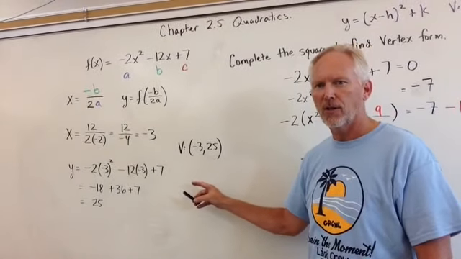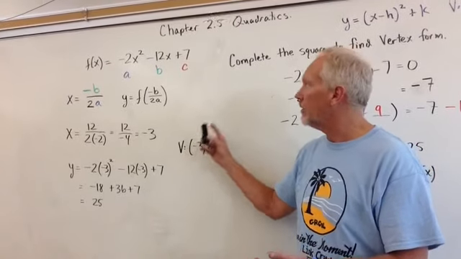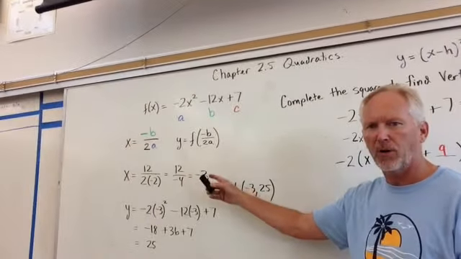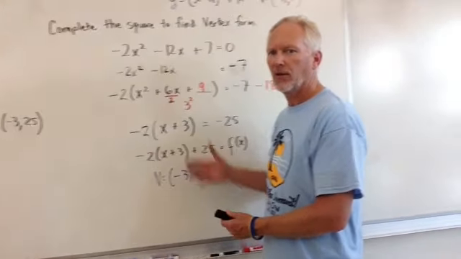So now you can see that both versions are applicable. We can use the standard form and do negative b over 2a, or we can use completing the square.